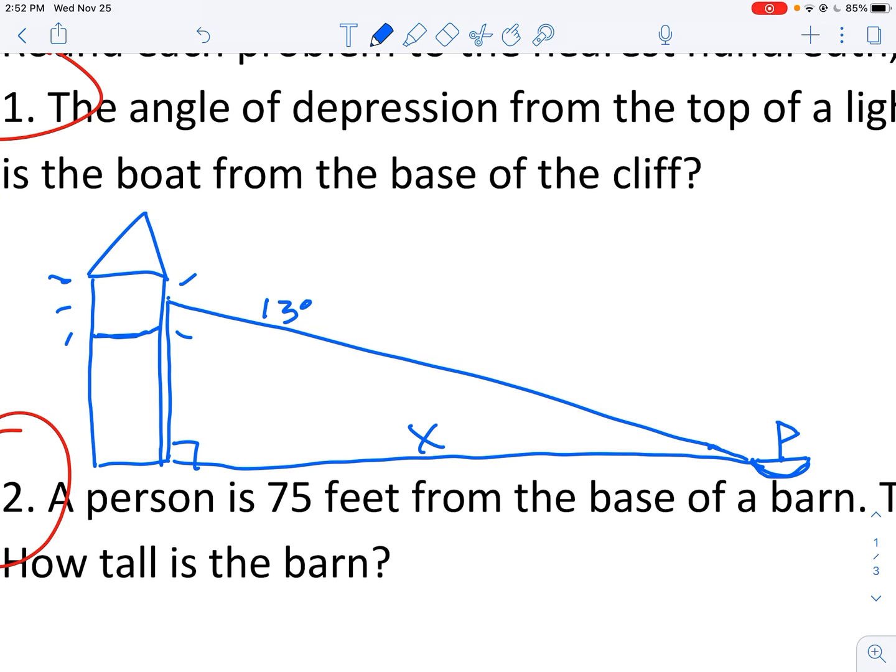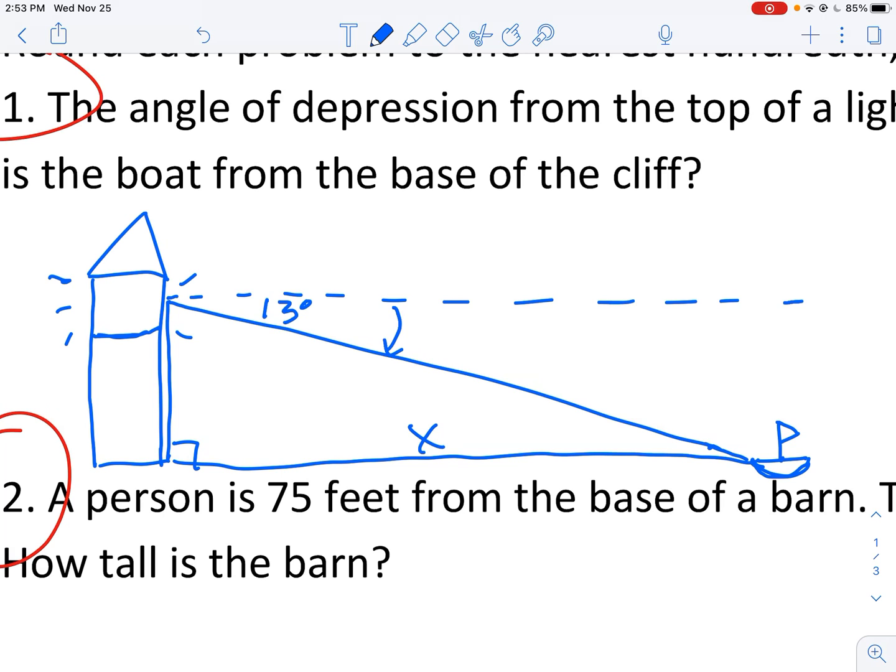So the idea is when you're setting up a picture here, an angle of depression means you start by looking horizontally, and then you go down those degrees. So this is just normal line of sight straight out, and then this is the depression down. So that angle there is the 13 degrees. Well, you may have noticed that this is not inside our triangle.